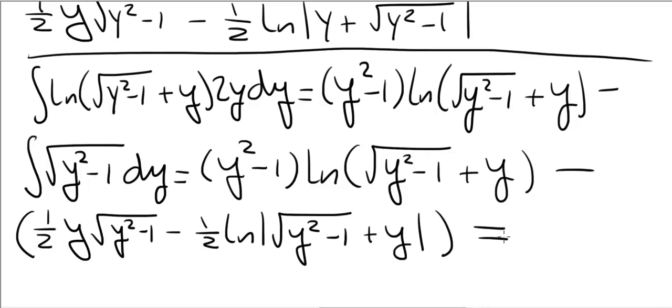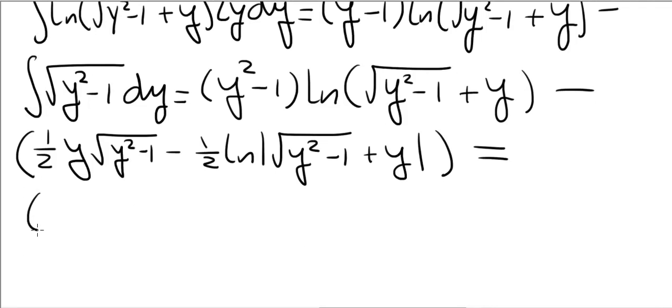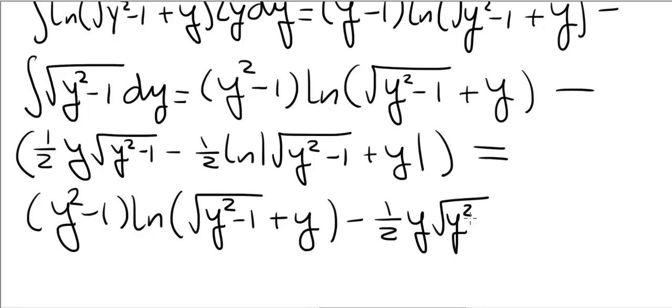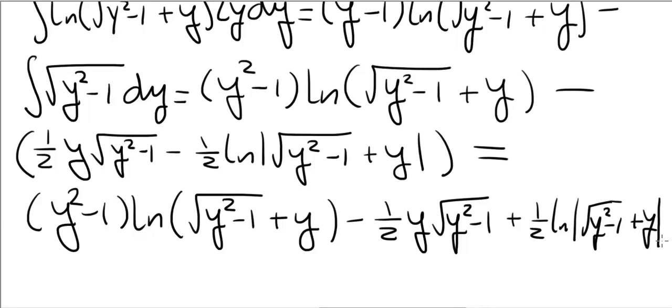And so this is equal to y squared minus 1 times the natural log of square root of y squared minus 1 plus y minus 1/2 y times the square root of y squared minus 1 plus 1/2 natural log of absolute value square root of y squared minus 1 plus y. And now our last step is to go back to variable x.